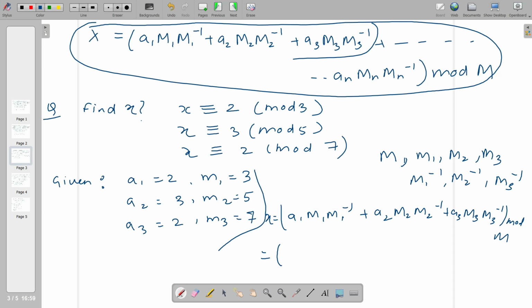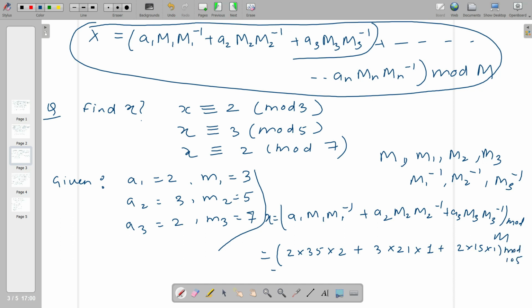A1 is equal to 2, M1 is 35, M1 inverse is 2, plus A2 is equal to 3, M2 is equal to 21, and M2 inverse is equal to 1, plus A3 is equal to 2, and M3 is equal to 15, and M3 inverse is equal to 1, mod 105.